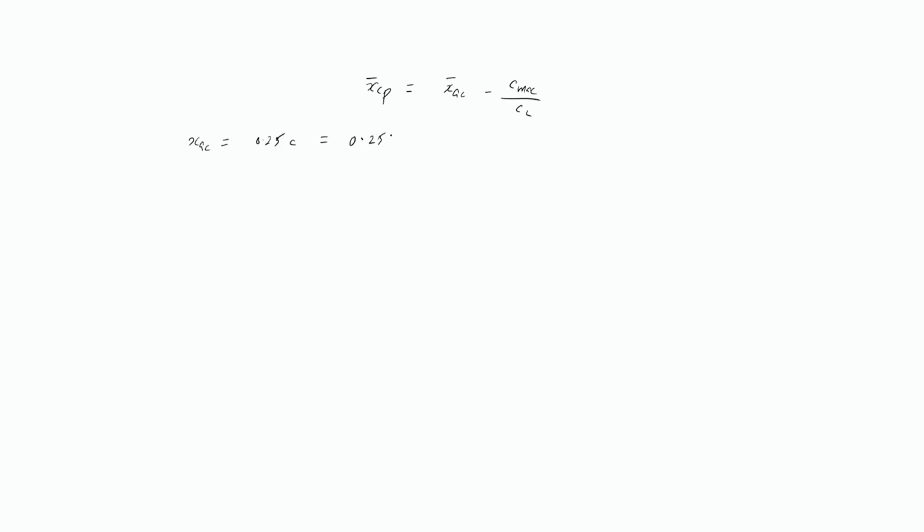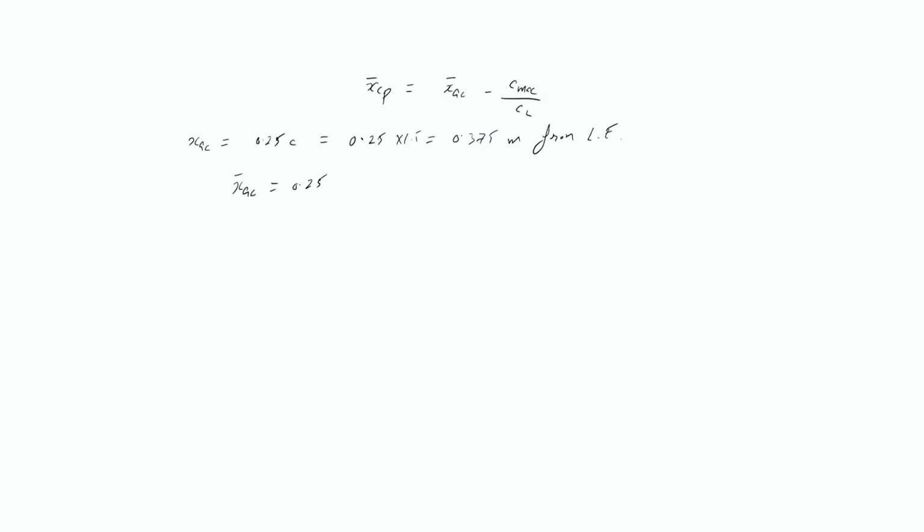C is nothing but 1.5, so what you get here is 0.375 meters. Please do not forget to mention the units. It is 0.375 meters from what, leading edge or trailing edge? Obviously from the leading edge. You can also mention it in non-dimensionalized form, XAC bar equals 0.25, which we are already aware of.